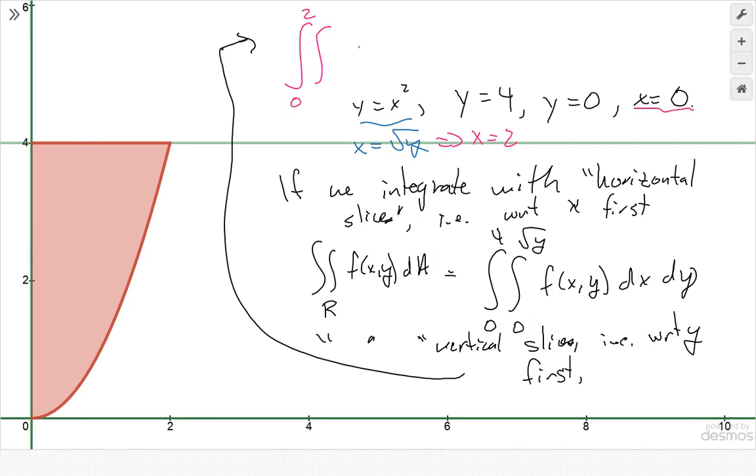So this will be integrating f(x,y) with respect to dy first, and then with respect to dx.